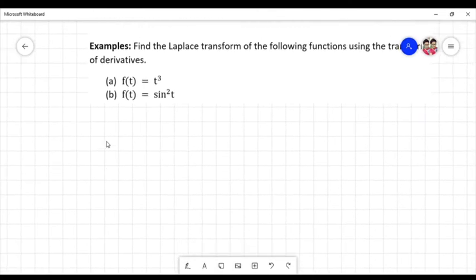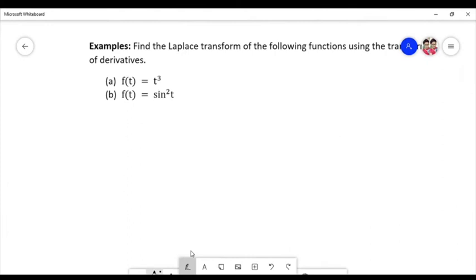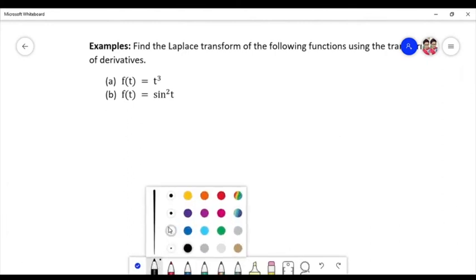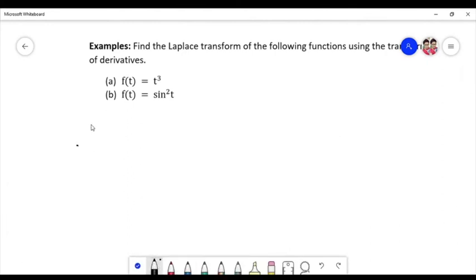For letter A, our function is f of t equals t cubed. We will need the derivatives.